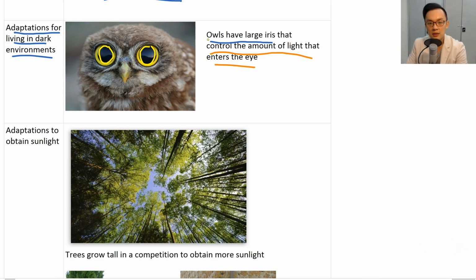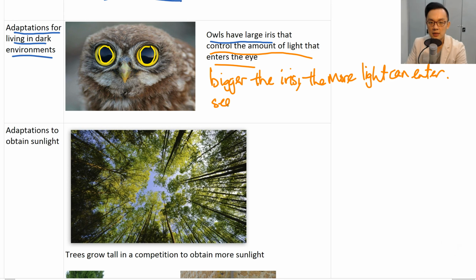So the bigger it is, the relationship is: the bigger the iris, the more light can enter the eye, and therefore you can see better at night. Alright, so that's how an owl sees better at night, because it has very large iris.